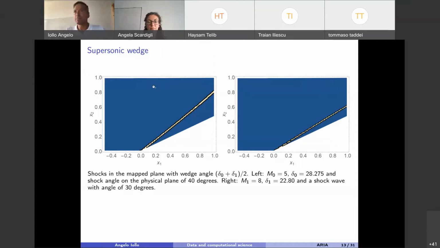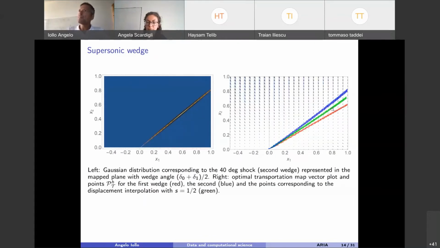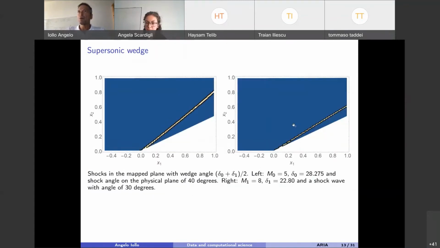So left Mach equal 5, right Mach equal 8, and wedge 28 degrees on the left, wedge 22 degrees on the right. Everything is mapped on the same geometrical reference plane.